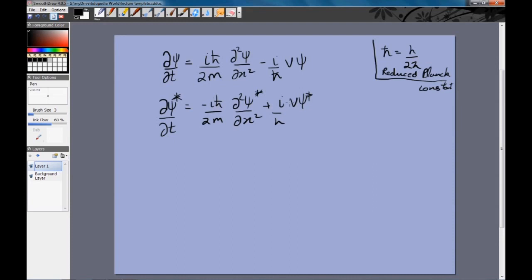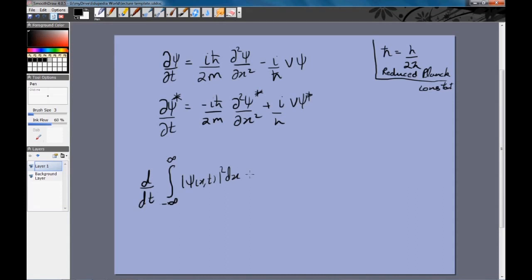Right. And now what we need to find is d by dt of the integral from minus infinity to infinity of mod of psi of x comma t whole square dx. Now this whole thing is only a function of t. That's why we wrote d by dt.